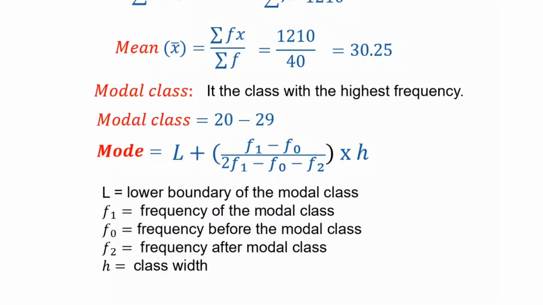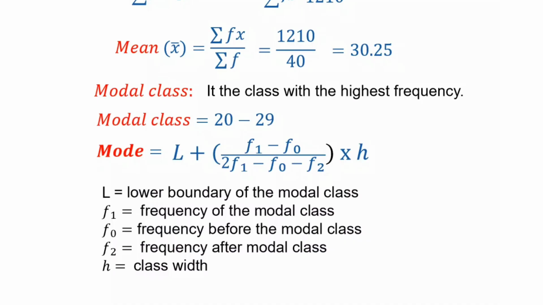Then F subscript 0 is the frequency before the modal class. Then F subscript 2 is the frequency after the modal class. So everything is based on the modal class. Once you know your modal class, you can get it. That's why it is very necessary that you find your modal class.